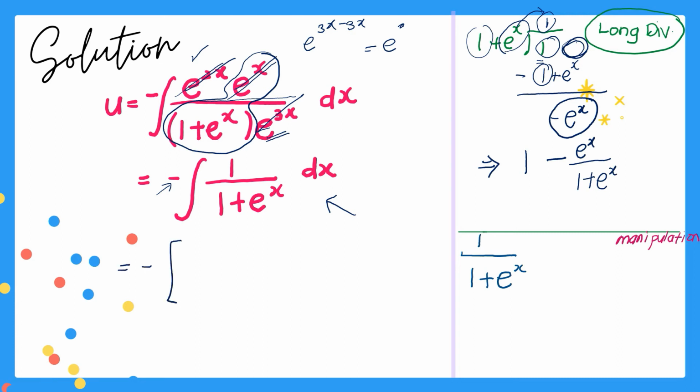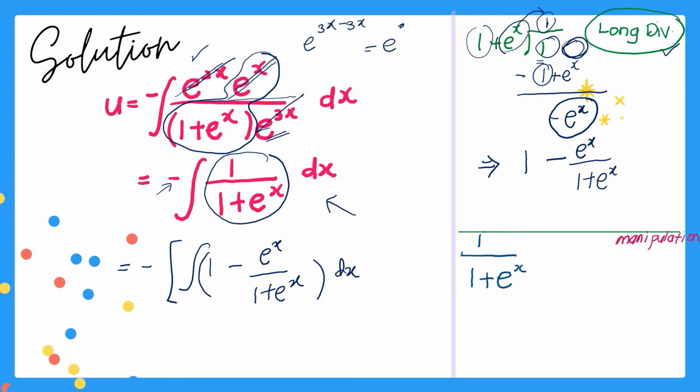Negative, okay. The integration of 1 over 1 plus e^x by long division is the integral of 1 minus e^x over 1 plus e^x, all with respect to x. So I will have negative outside, and then integrating 1 with respect to x gives x.